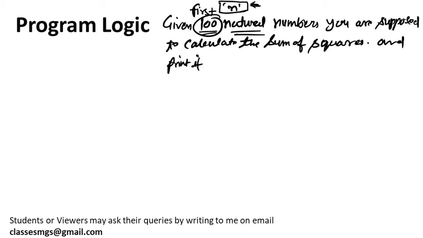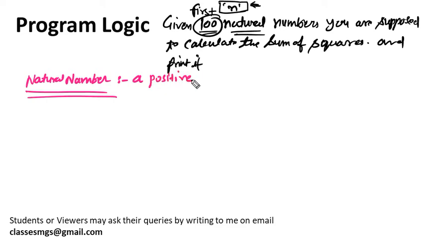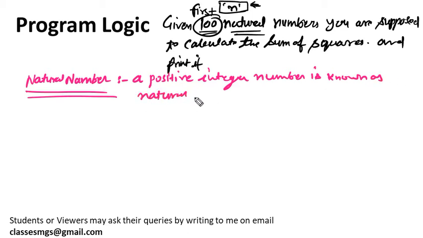So what is a natural number? Before we start this problem, you should know what a natural number is, then only will you get the idea of the problem. A positive integer is known as a natural number, for example 1, 2, 3, 4, 5 and so on up to infinity.